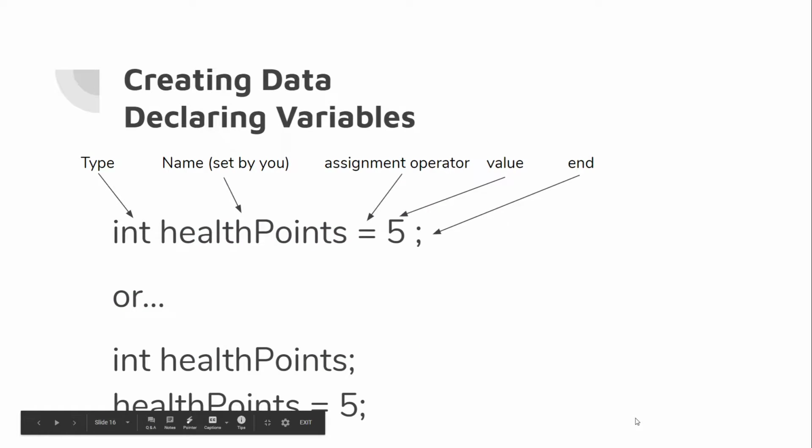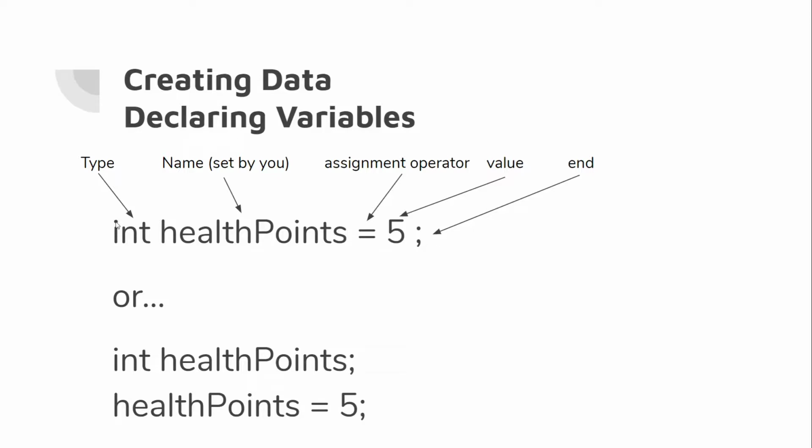All right. So in your code, when you want to declare a variable, this is the syntax of it. You say what type the variable is going to be. You give it a name. You have an assignment operator. You have a value and then an end. So int healthPoints equals 5.